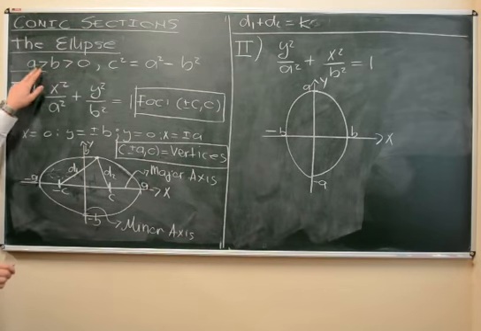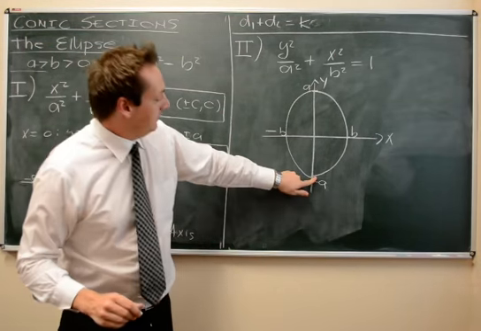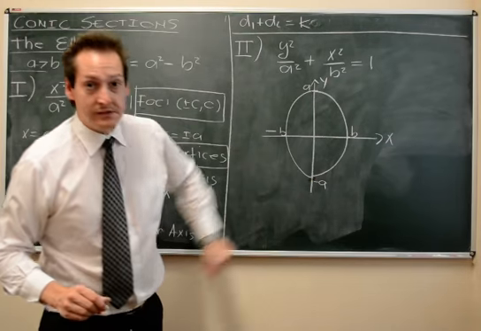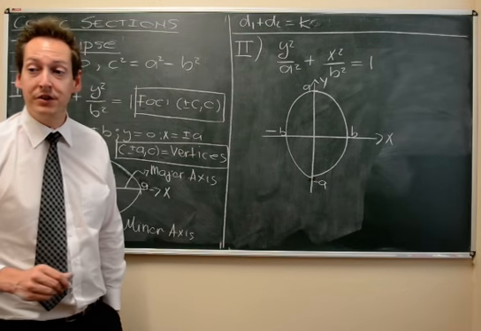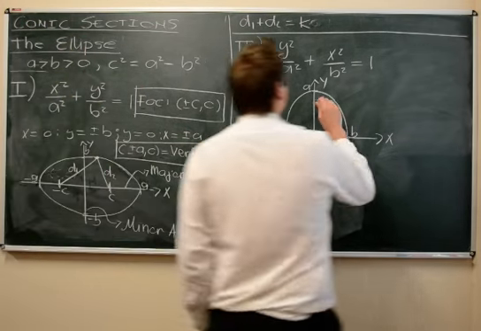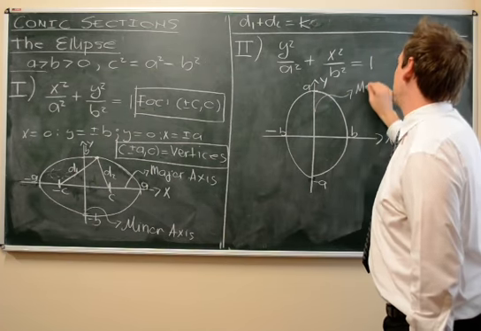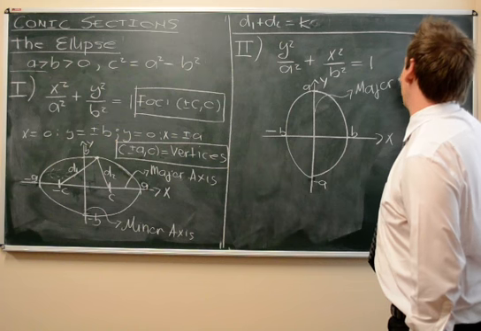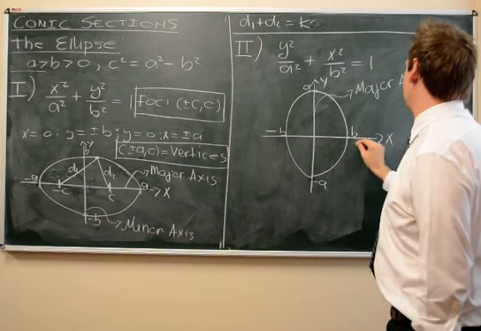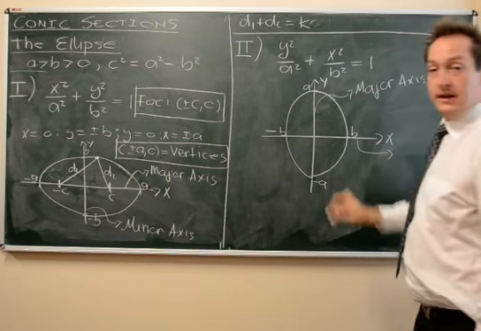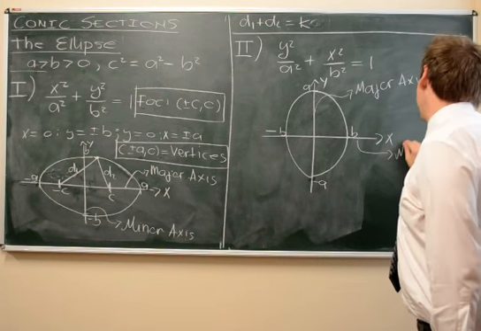That is because a is bigger than b. This distance is now the largest distance between any 2 points on the ellipse. Now we call the y-axis the major axis. The x-axis is now the minor axis.